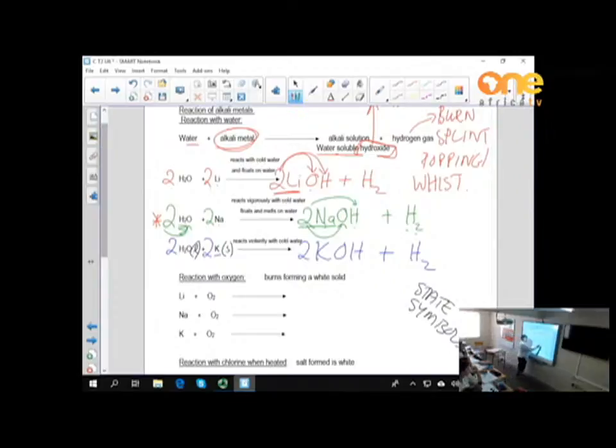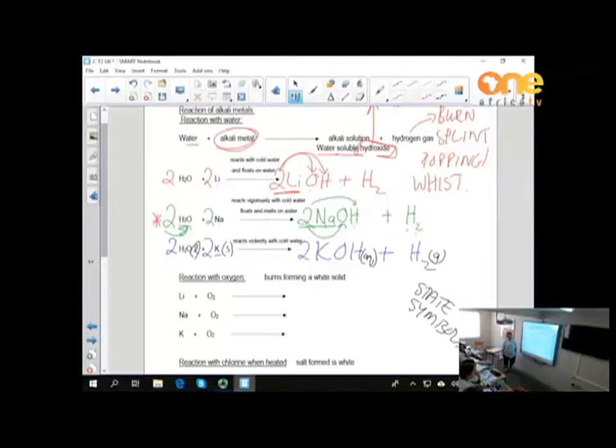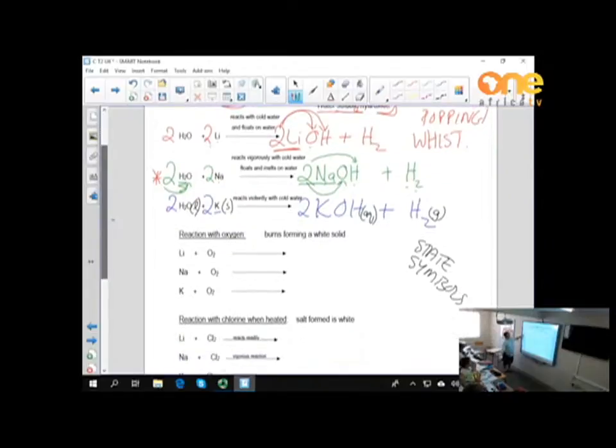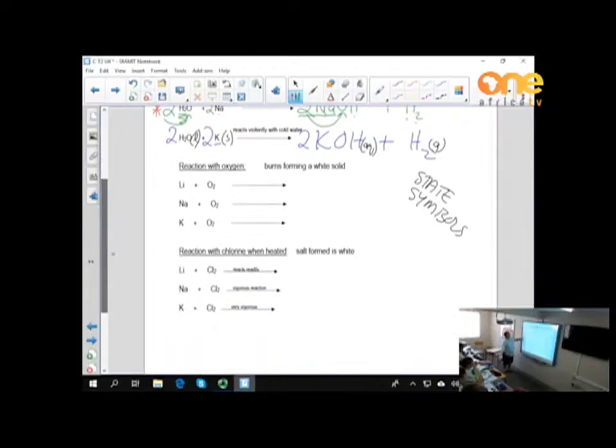This is going to be aq because it's water soluble. And this one is going to be a gas. Alright, state symbols. If the question says, write a balanced equation, include state symbols, then you must. Right. Now that was the reaction of the alkali metals with water.